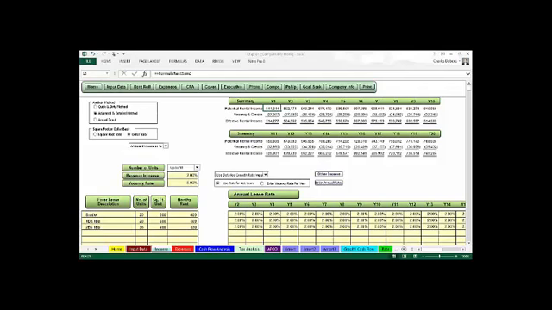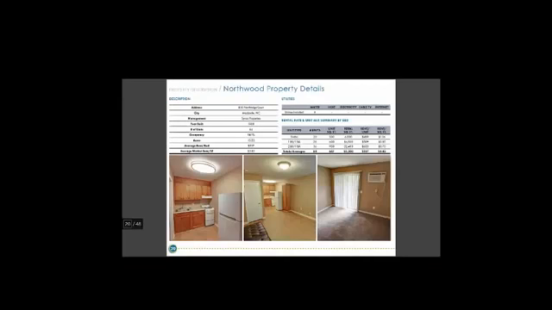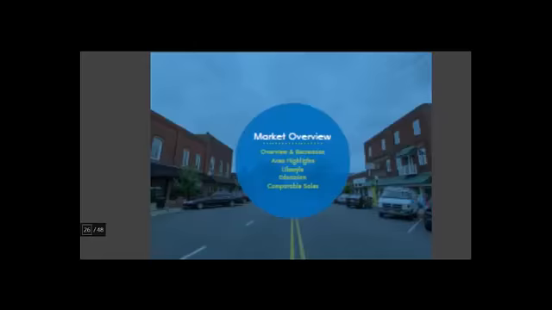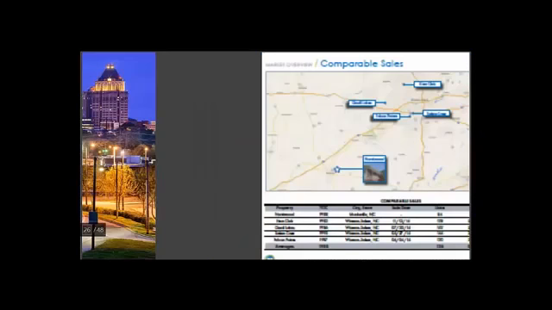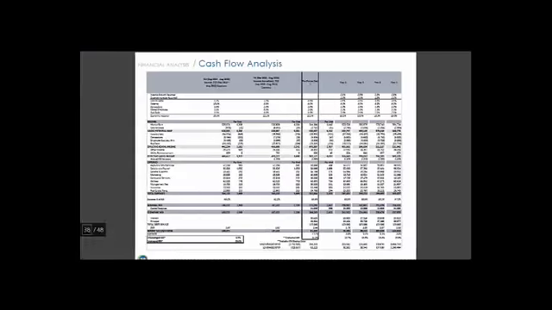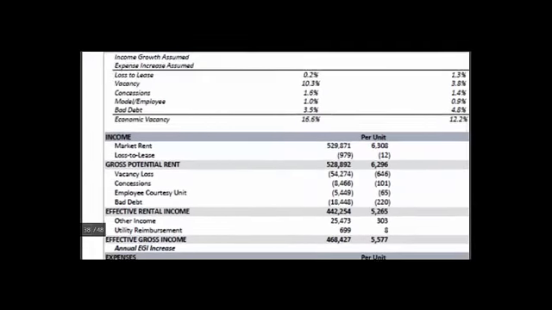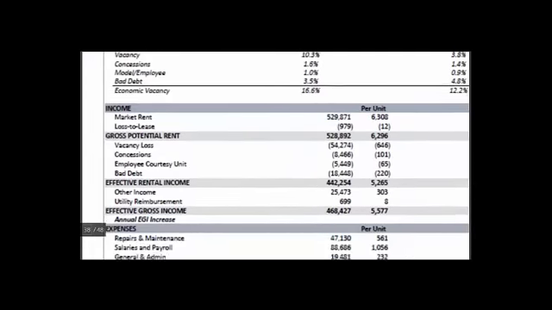$541,000. Let's go over to the section that shows the financials right here. Now remember, according to them, the effective rental income, look at this number right here, 529, and they say they collected 442,000.